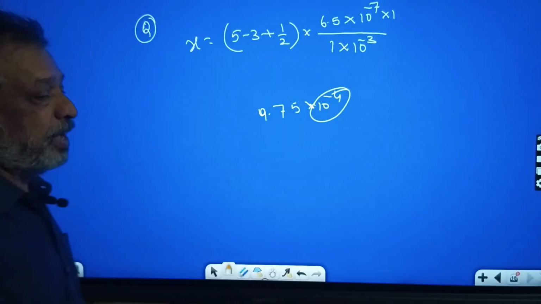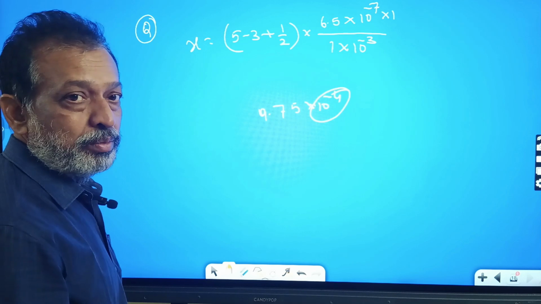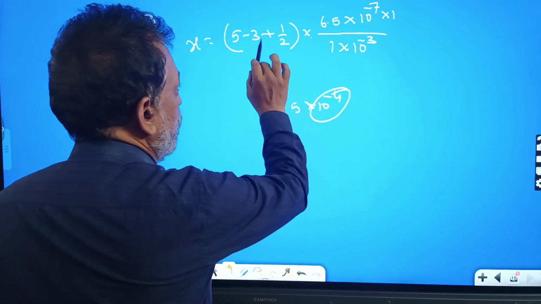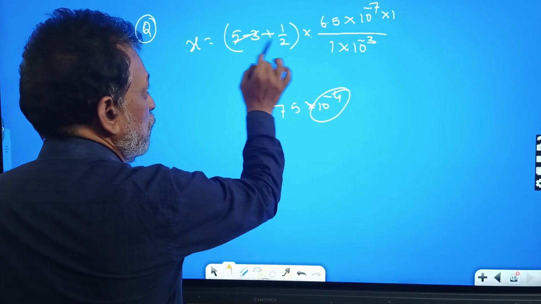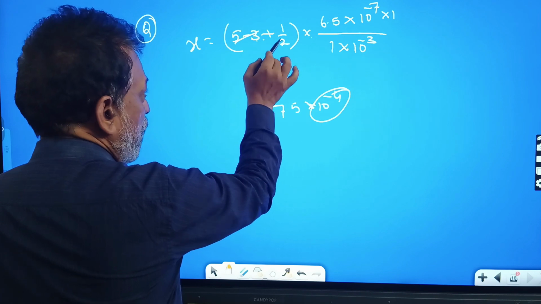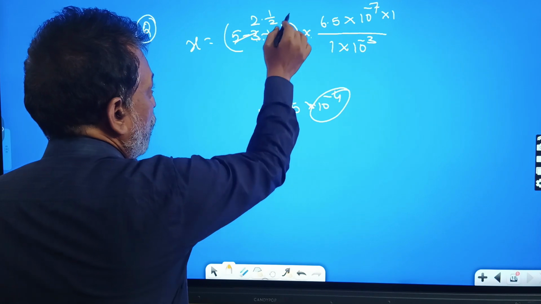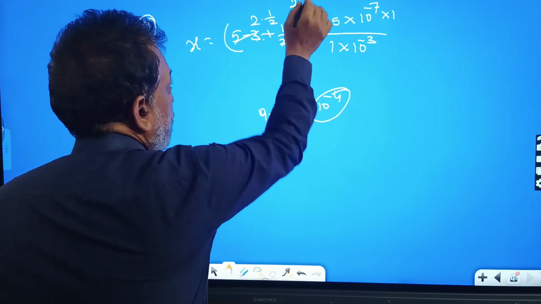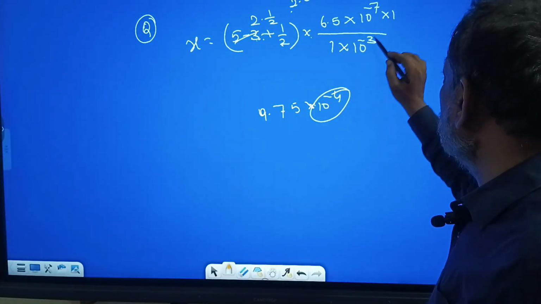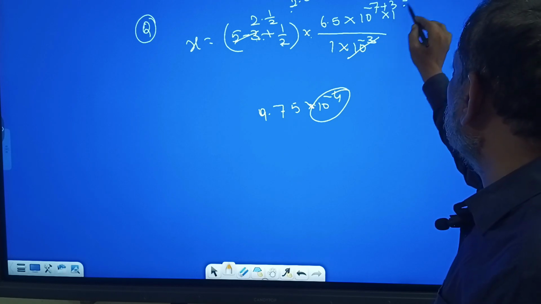Any other answer, please? Let's see, this is the multiplication. 5 minus 3 is 2. So 2, what is the value of this one? 2 and half, that is 2.5. This value is 2.5. Now coming to here, 10 to the power of plus 3 will come, that becomes minus 4.